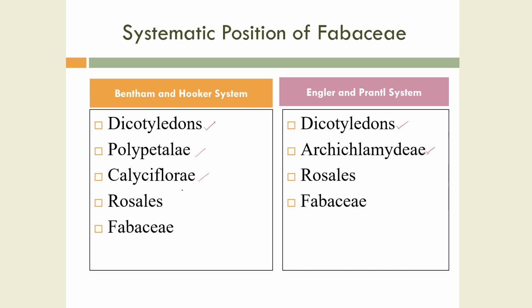As I have told you, Calyciflorae means they have a cup-like structure, and the order is Rosales in both cases, and the family we are going to study is the Fabaceae family.